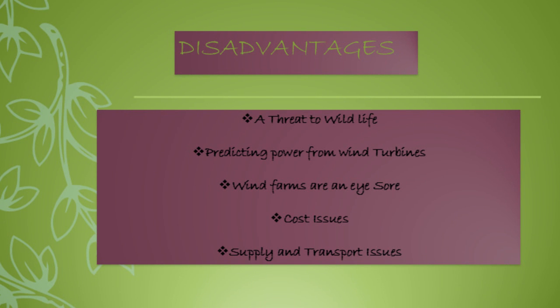Another disadvantage is that of supply and transport issues. The major challenge to use wind as a source of power is that it's intermittent and does not always blow when electricity is needed. Wind cannot be stored, and not all winds can be harnessed to meet the timing of electricity demands.